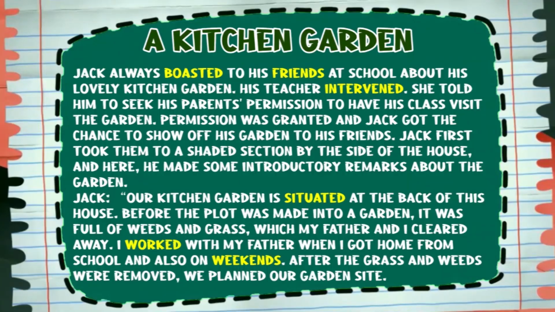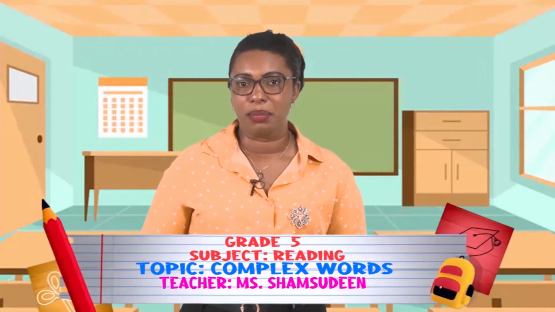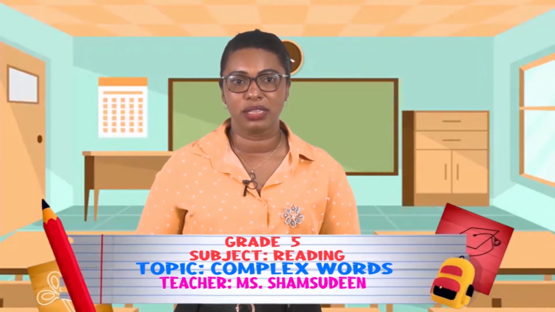So from the first slide, we have the words boasted, intervene, and weekend. Do you see those words? Boasted, intervene, weekend. We also have the word situated, friends, and work. But we're going to be examining just a few of them a little more.